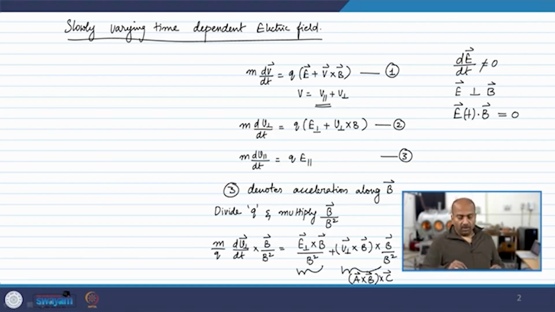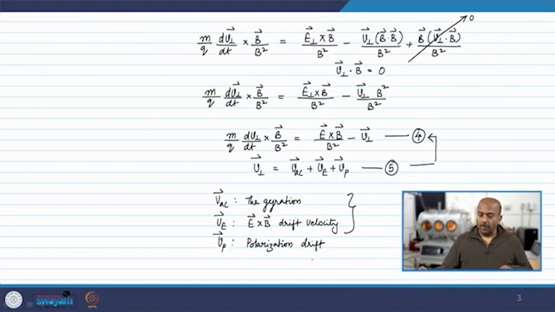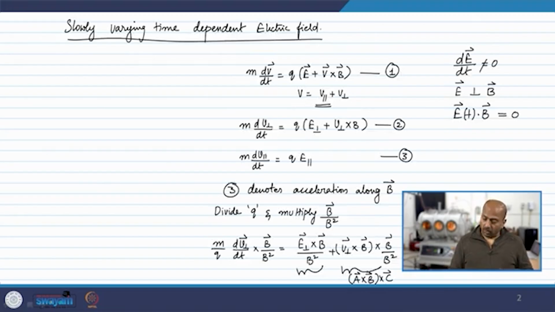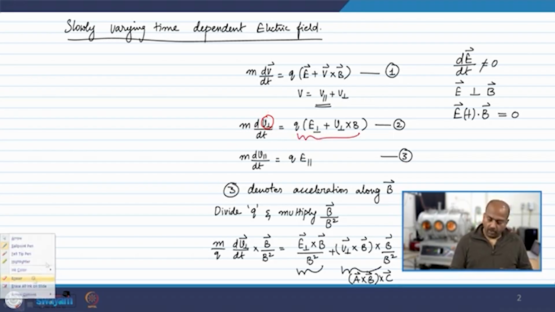We then divided this equation by the charge and multiplied with B by B square, and the other terms appear on the right hand side. The perpendicular component of velocity seems to be affected by all of these things on the right hand side. That means we have to see how these things will affect it.